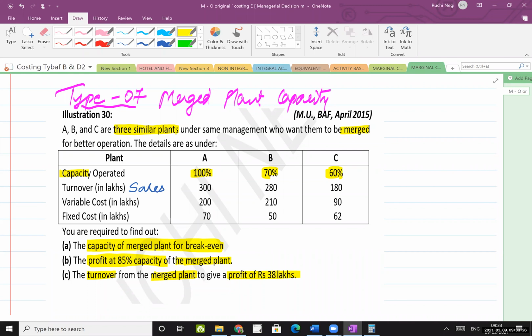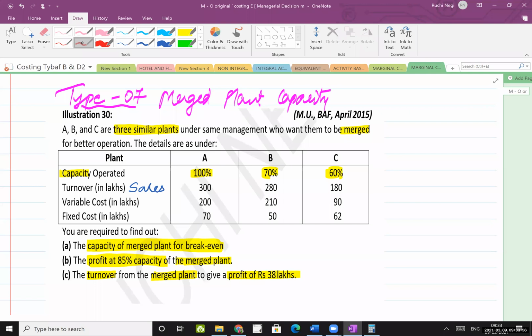Obviously if they are different I cannot do the comparison. मैं merging कैसे करूँगी? अगर मुझे merging करना है तो तीनों को same base का होना चाहिए, तो तीनों similar होने ही चाहिए. Then only I can go for the calculation of merged plant capacity. ठीक है? So the first thing that you have to remember for merged plant is that it should be at 100%. I repeat, merged plant capacity is calculated at 100%.